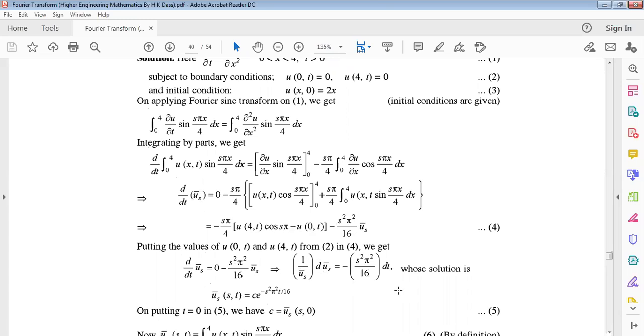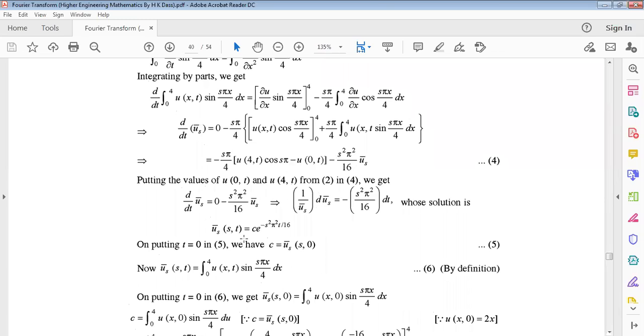du bar by dt equals this. Now taking integration on both sides, this will give the solution: u Fourier sine transform s,t equals c into e to the power of the coefficient of d/dt, this one. Remember it, t is the independent variable here.